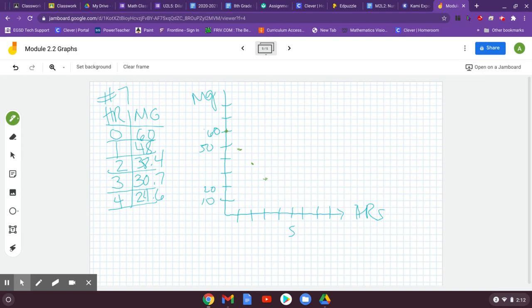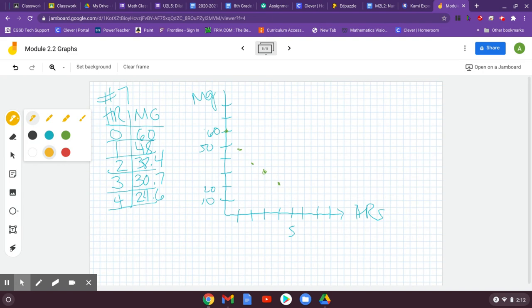I did. Let me erase this one. 3 and 30. Here we go. It's right there. 24 would be about right here. And so you can see there's a little bit of a curve going on here. It's not as obvious since it's kind of crammed up together a little bit. Then if we did 5, we'd have a little bit better there.